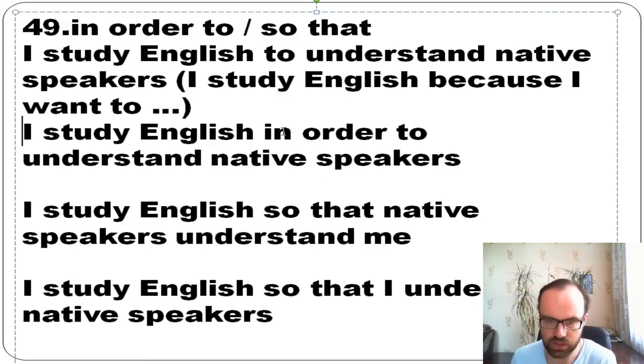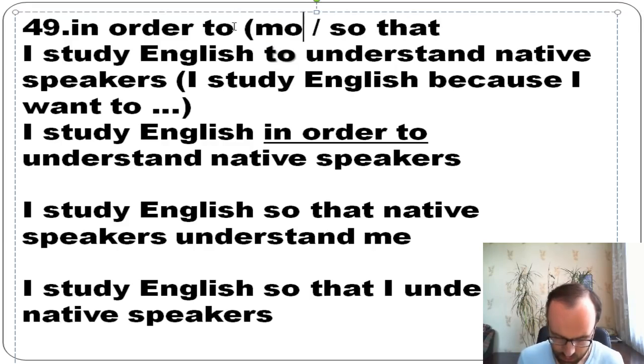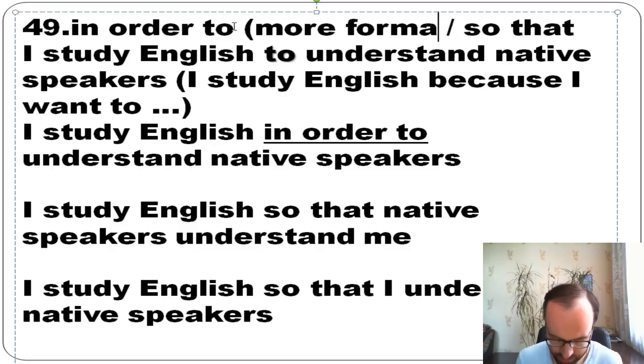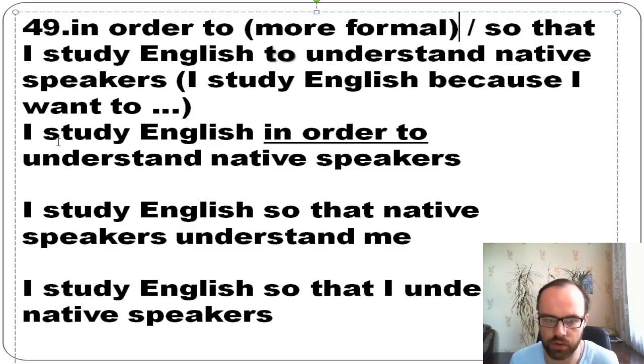You can also use in order to. It means to, but it's more formal. I study English in order to understand native speakers.